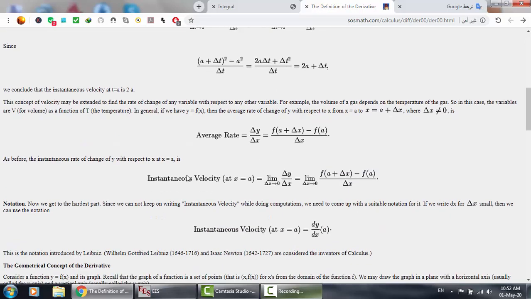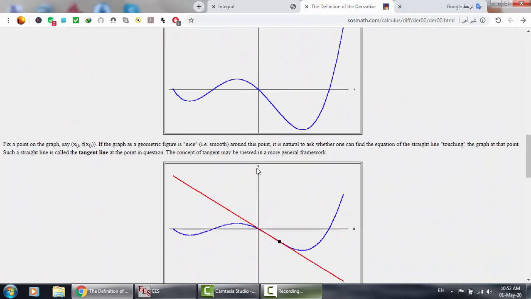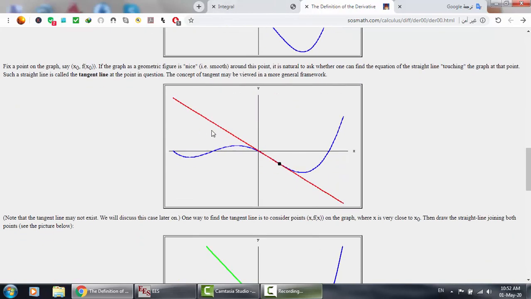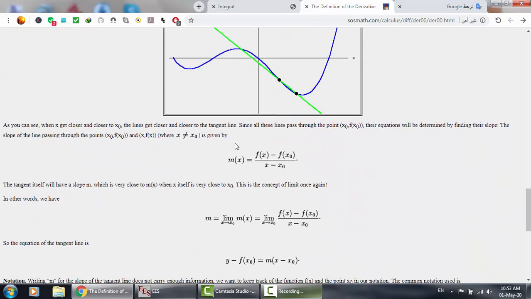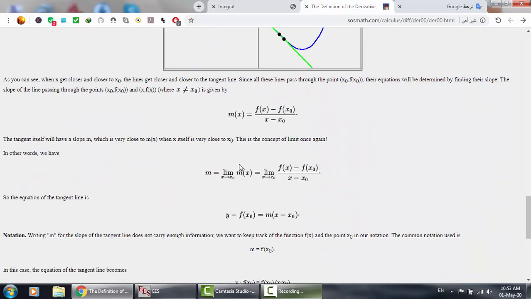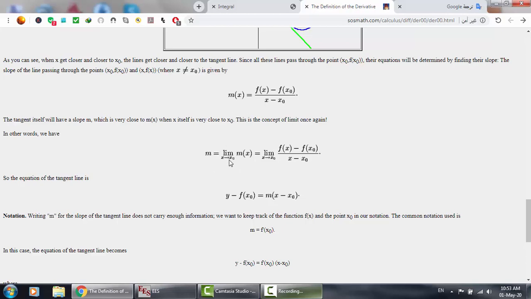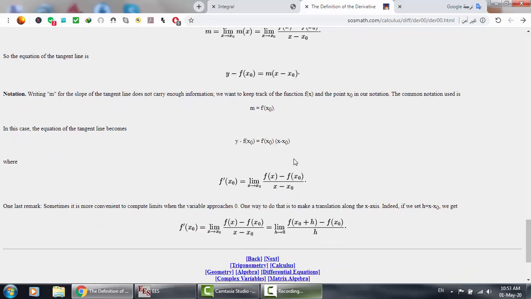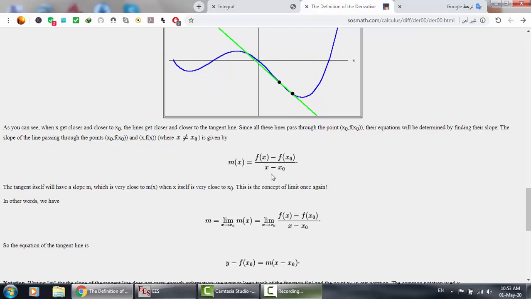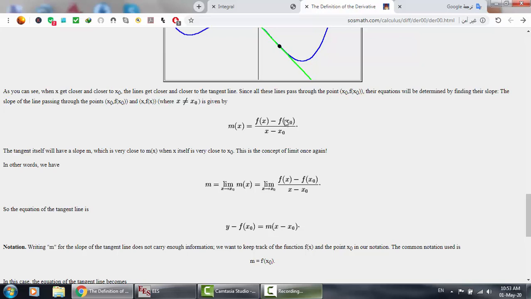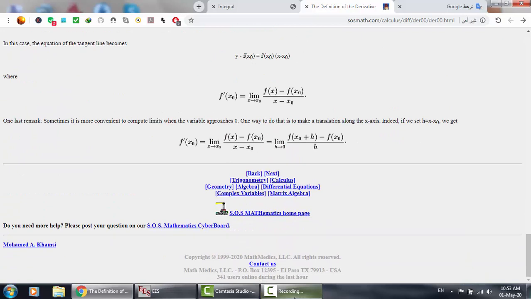And here is the average rate and instantaneous velocity, and here is the slope of this curve at this point. And then we came to the slope, and the slope is the limit. It's also the rate of change, because I want to see the rate of change of this with respect to another variable.